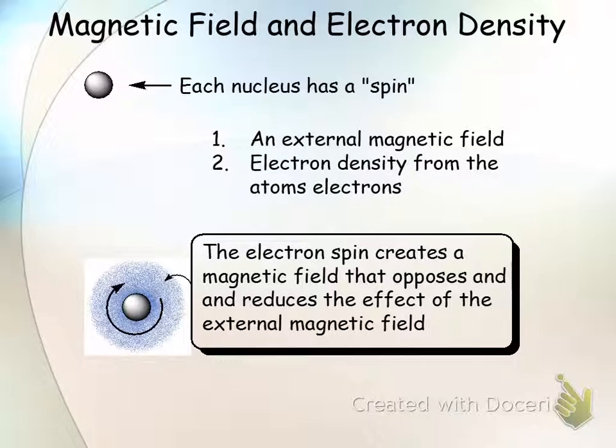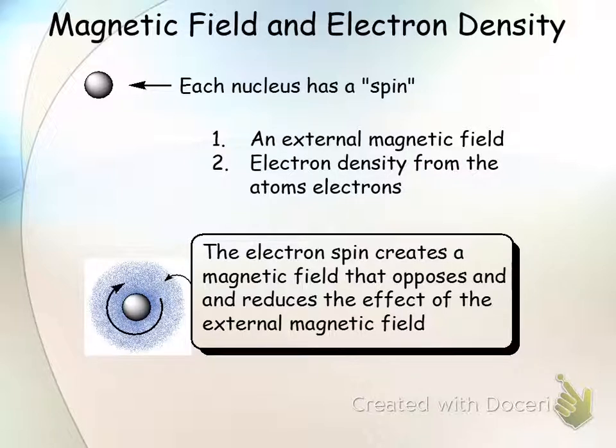So if I have a proton, and it's got an electron field around it, who knows what happens when you put a magnetic field through an electric field? Generate a current. It's a circular pattern, so it generates a circular current in the electron cloud.